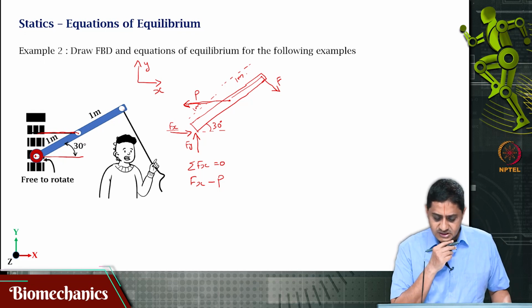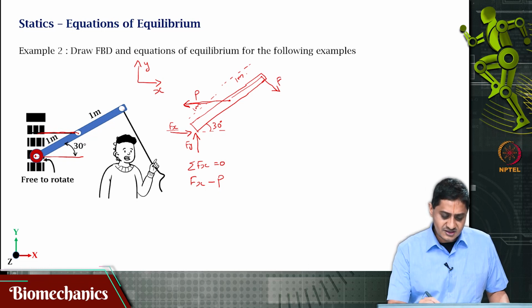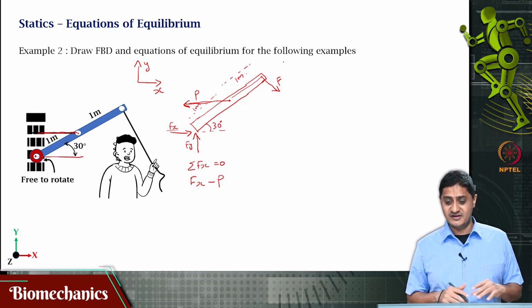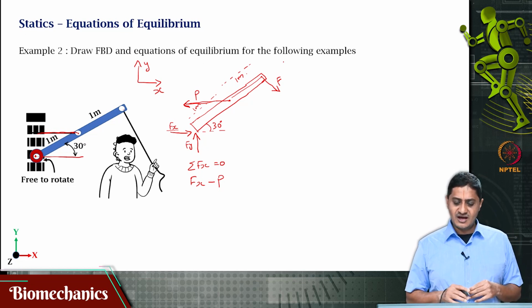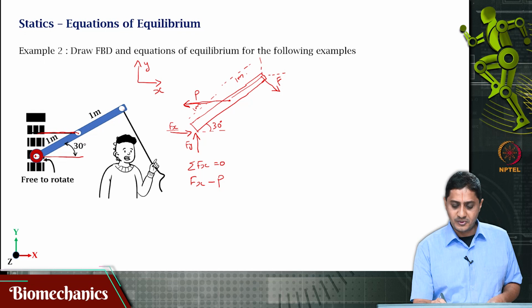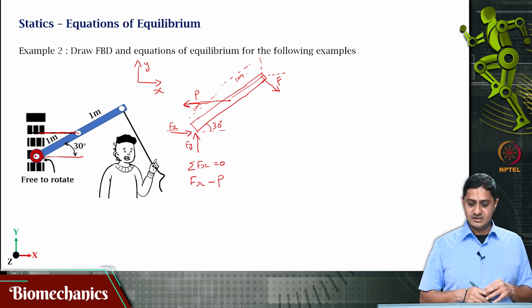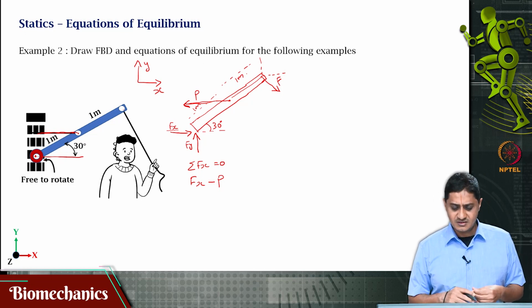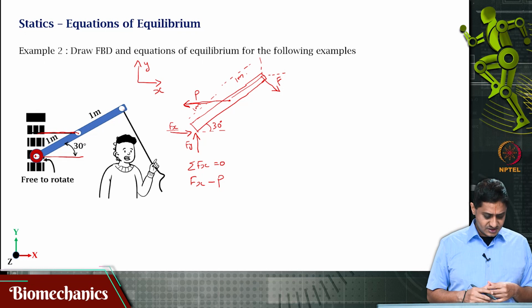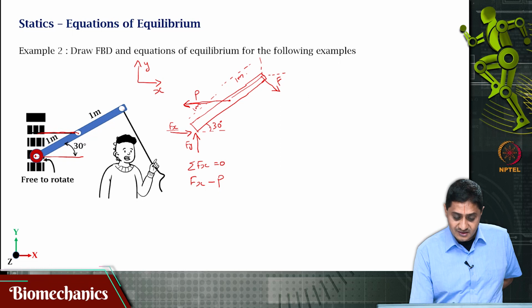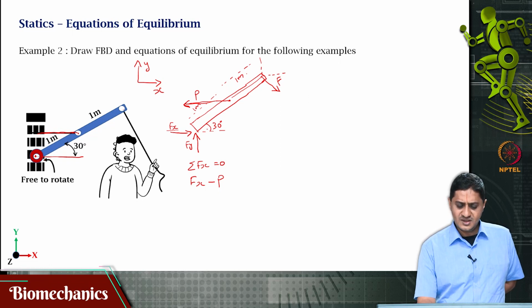Because it turns out that this force that is being applied by this person, which I am calling F, not Fx, simply calling it F, will have both an x component and a y component. There will be two components to this, and right now I do not have a clear idea of what these components are, but I can compute this. How can I compute this? Because I know that the angle that this beam is making with the horizontal is 30 degrees.